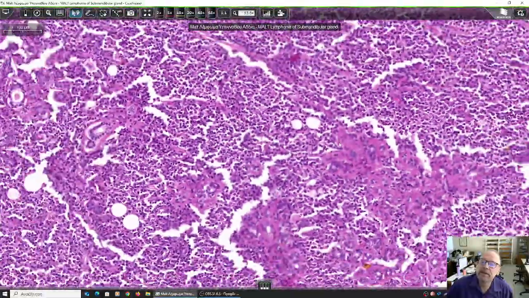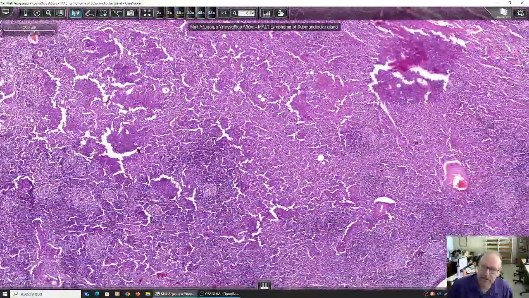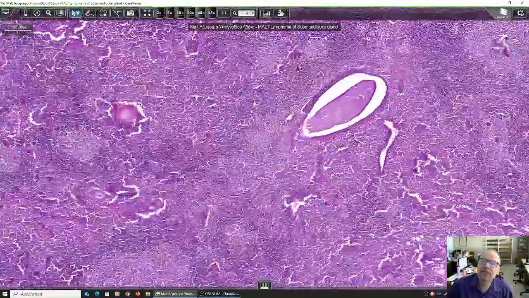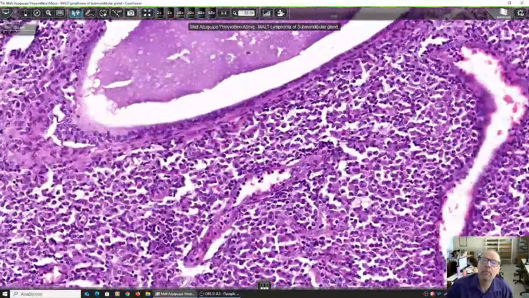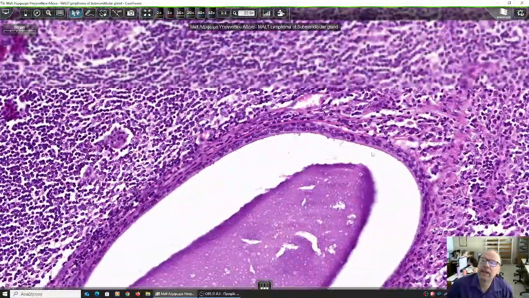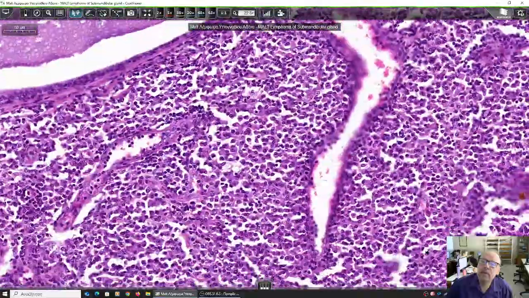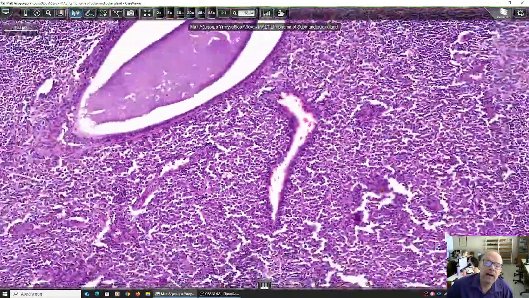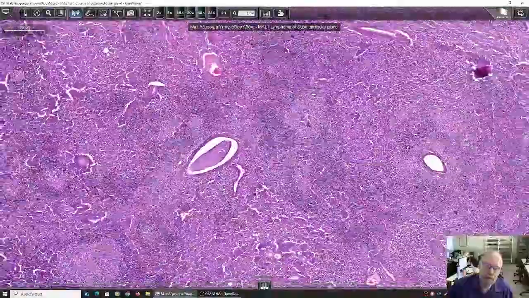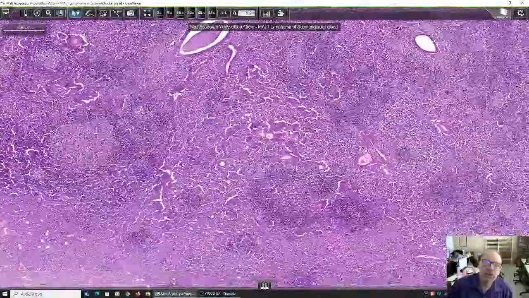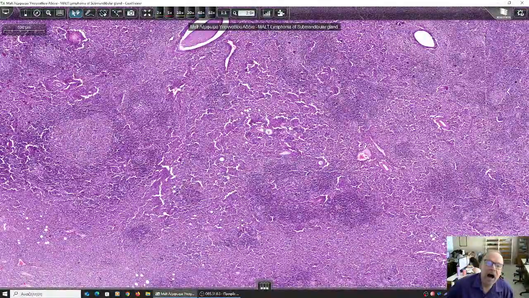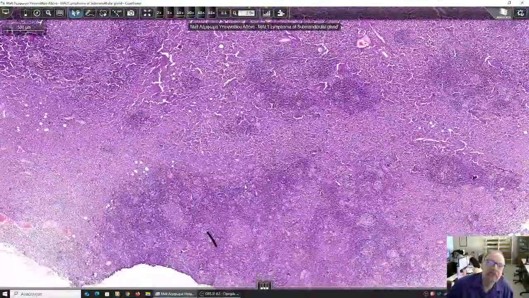That means they invade either acini or, in the present case, we can see them within ductular epithelium, because the epithelial components of the salivary glands are acini and ducts.